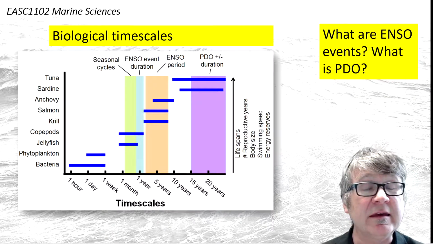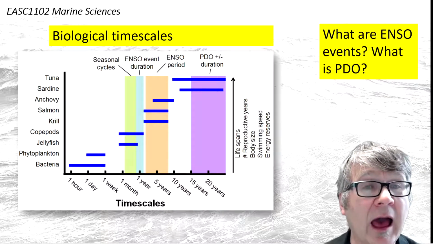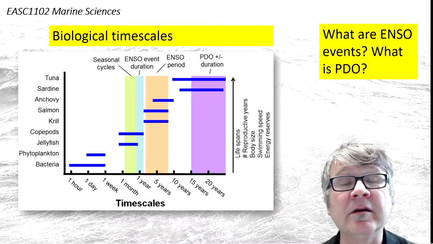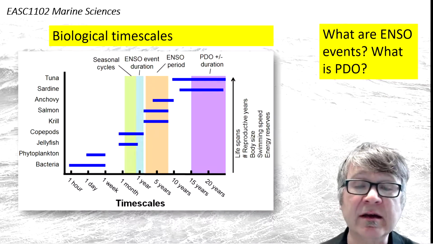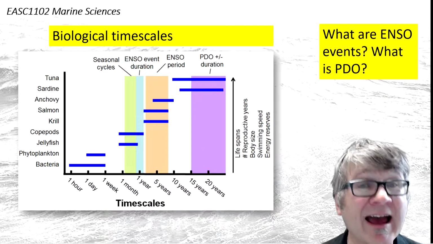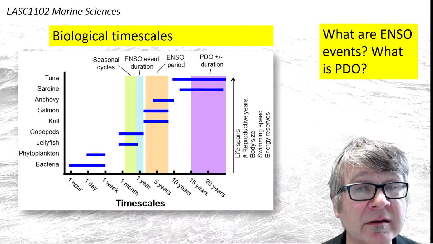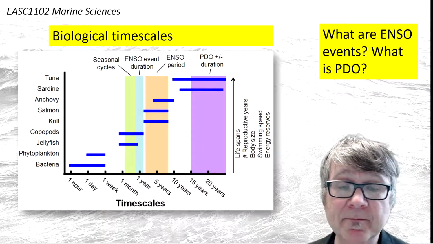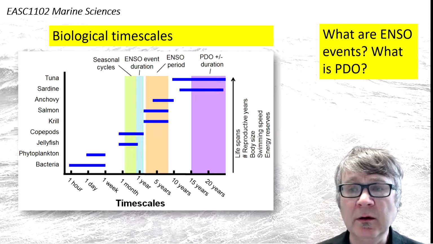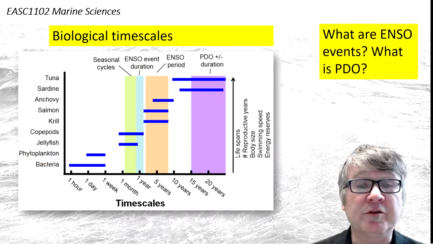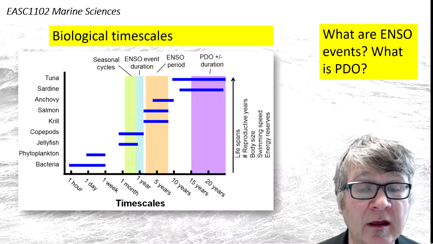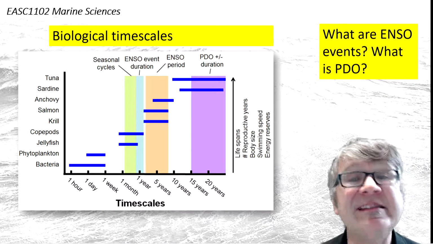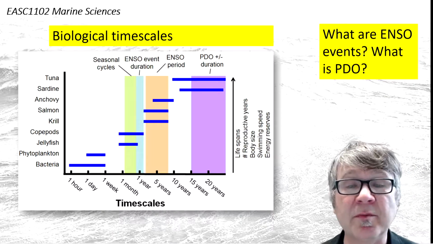And you can see as you move up along the y-axis that the time scale increases. So, for example, tuna have lifespans exceeding 10 years at the top.